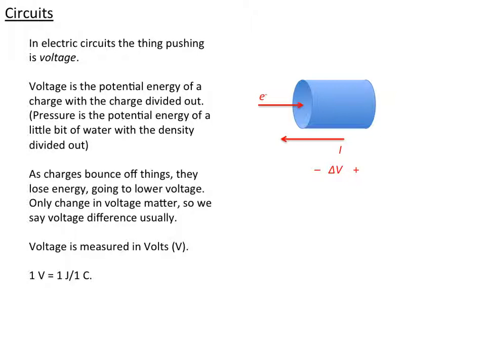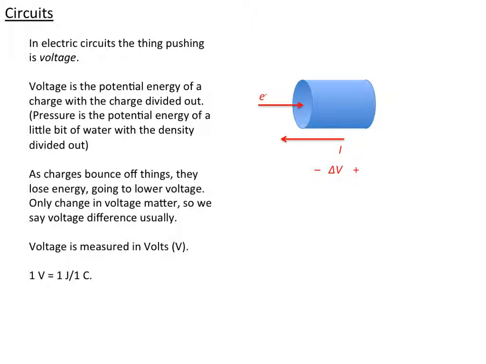Now, as the electron moves from one side to the other, it has a negative charge, so it'll actually gain voltage. But if we instead consider it to be a positive charge moving this way, that charge will lose energy as it bounces off all the stuff in between, and so we'll say that its energy changes by amount delta V, which we measure in volts.